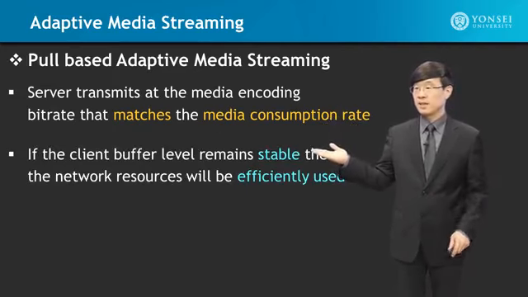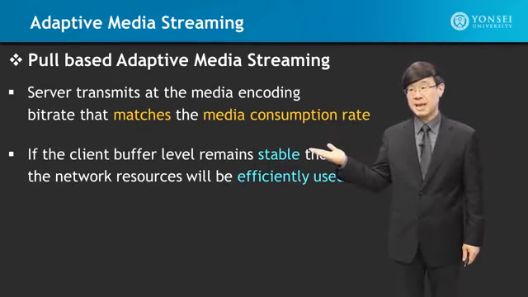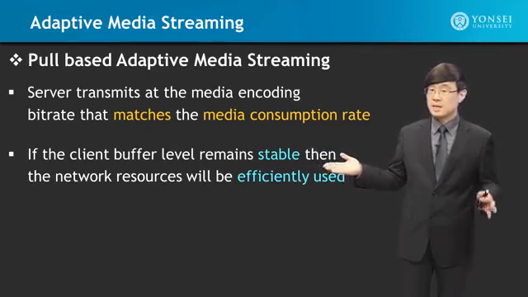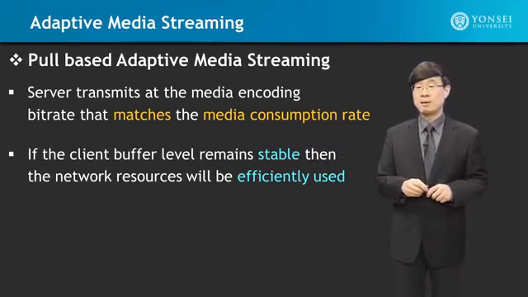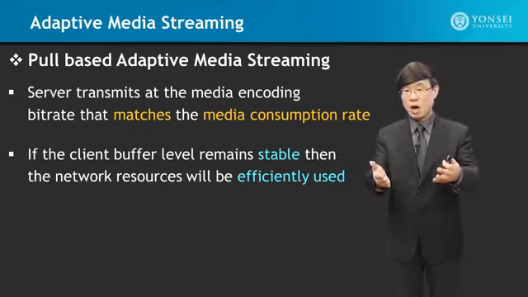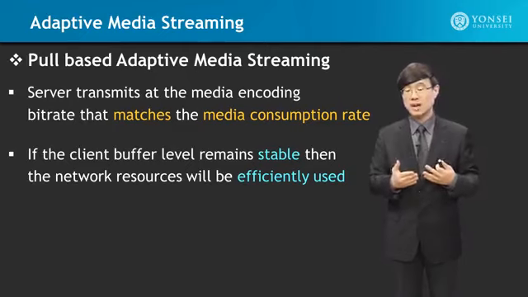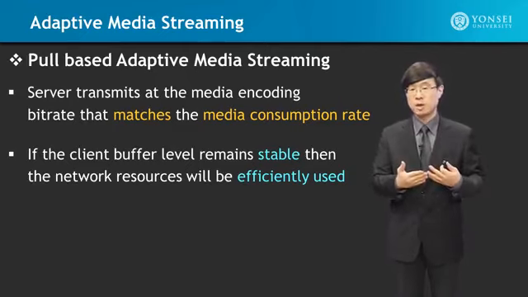In addition, if the client buffer level remains stable at a certain fixed level approximately, the network resources will be efficiently used. This is what we're talking about in terms of quality of network resources and how efficiently we're using them, in addition to how the mobile device or your PC or laptop computer is viewing the video rate.